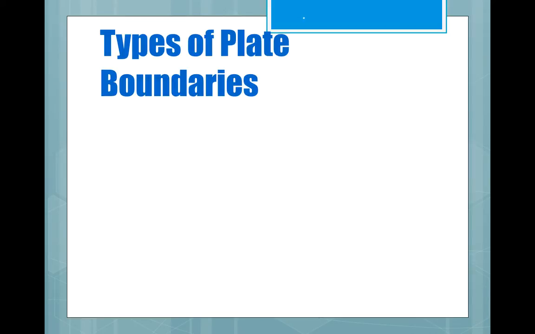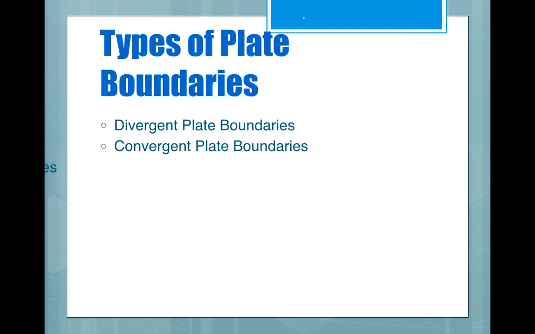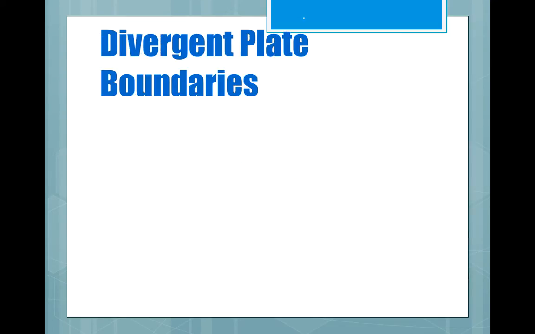Right, so there are 3 types of plate boundaries that we have: divergent, convergent, and transform. And each one of these behaves, and the coastlines, or where the plates interact, those plate boundaries, look very different. So let's first look at divergent plate boundaries.